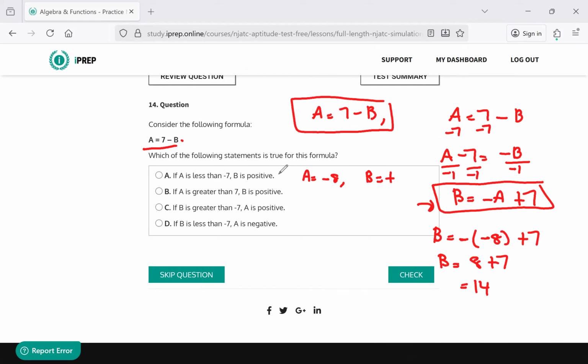I think that comes out true. You could test each one, and I already did this. This is false, this is false, this is false.